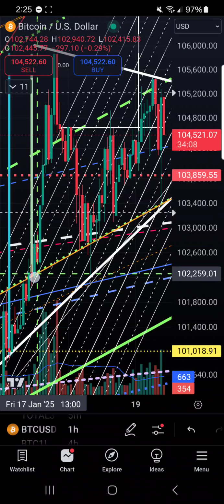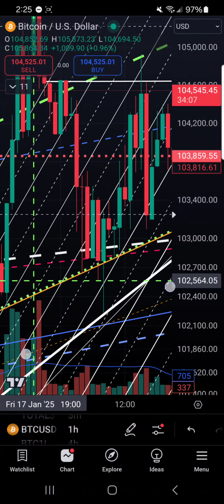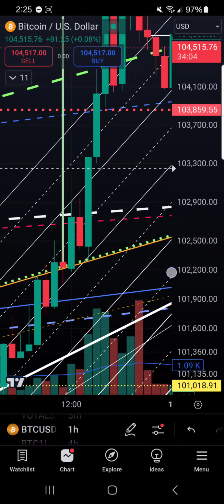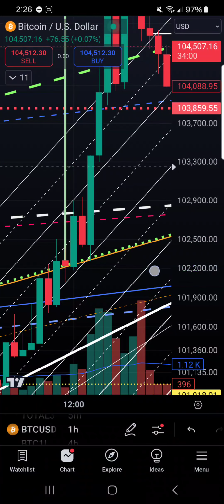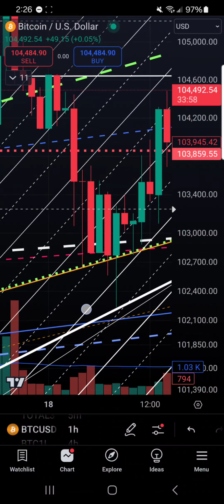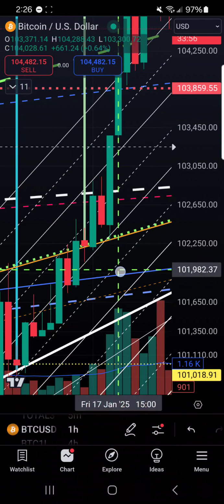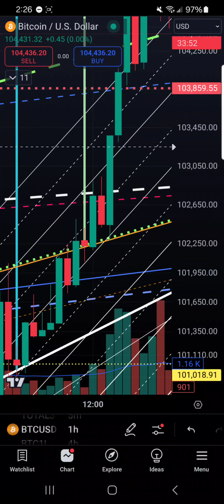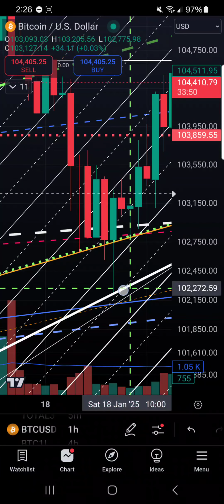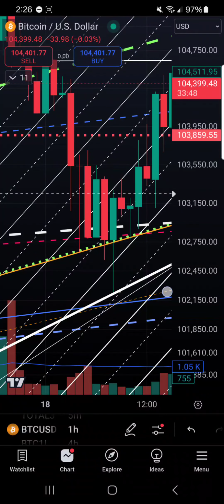You can see that we definitely have some support and resistance right here at the start of the triangle. This wick right here on this red candle is about the same distance as this wick here.